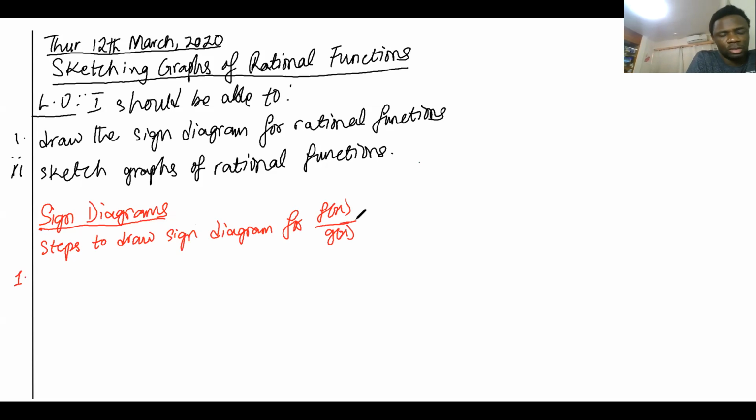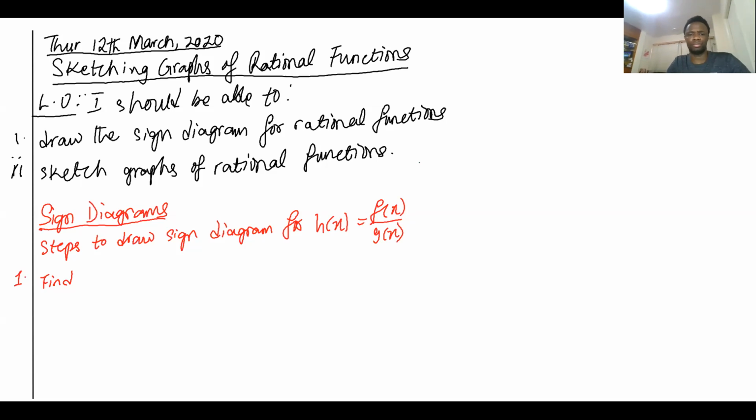Maybe this rational function is called h, so h is f over g. The rational function h of x, because it's rational, is going to be some f divided by some g. Please confirm if you understand what I've written so far.